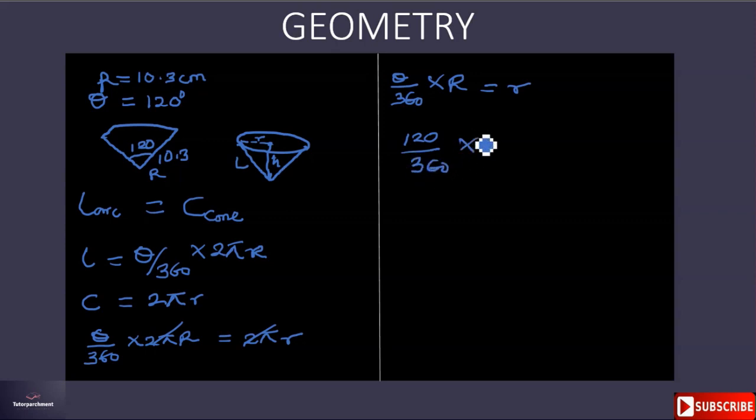Multiplied by 10.3 is equal to r. So you're going to have a third multiplied by 10.3 is equal to r, right? So calculating this, your r should be, let me bring the calculator.